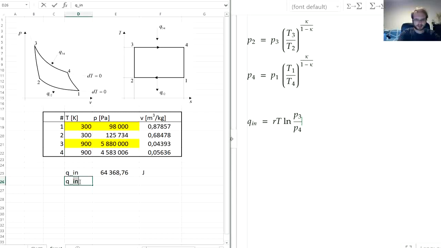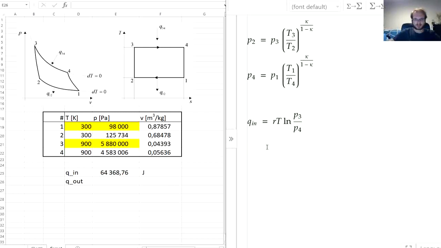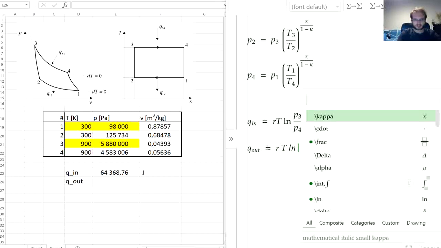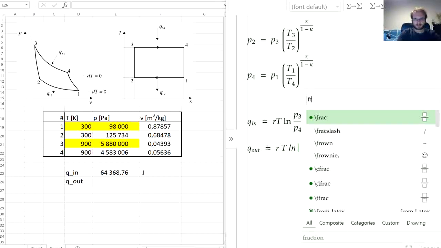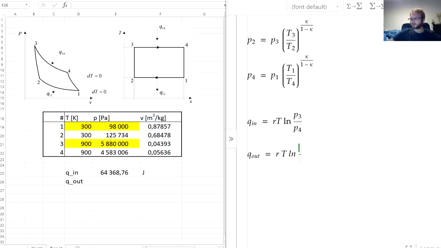Now the heat output will work similarly, where the Q out was RT logarithm P1 over P2.